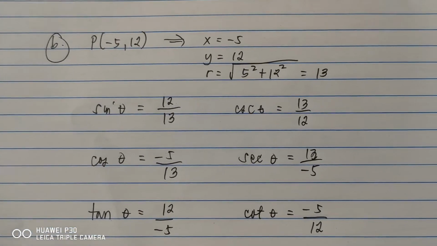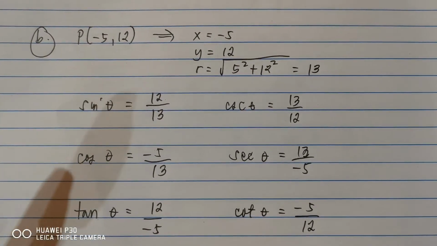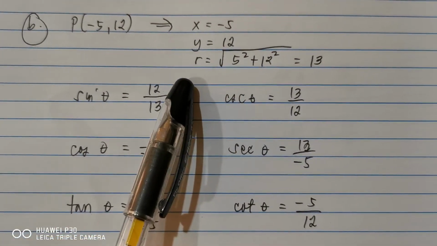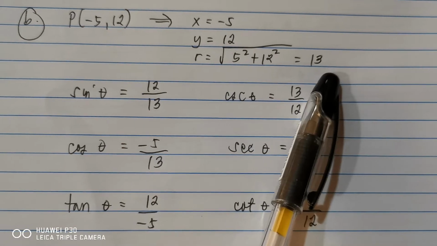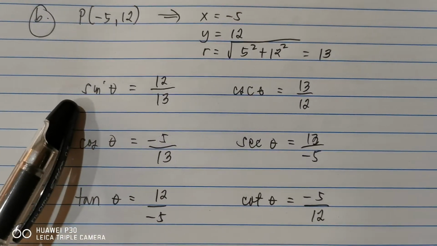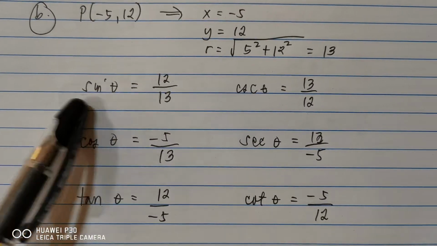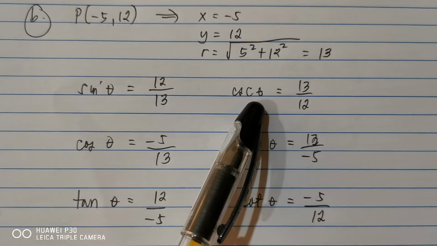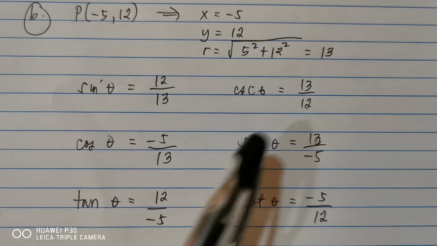Letter B. We are given the point (-5, 12). So x is negative 5 and y is 12, and by the Pythagorean theorem, r is equal to 13. So sine theta is equal to y over r, so 12 over 13. Cosecant theta is 13 over 12.